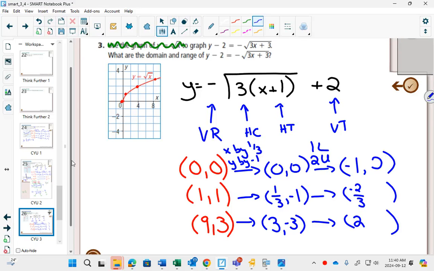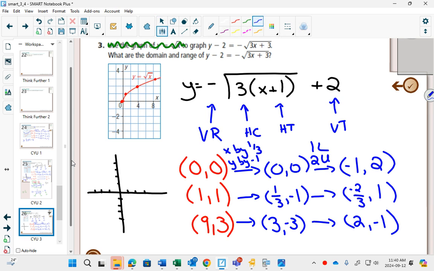2 up, this will be 2, this will be positive 1, and this will be negative 1. And you'll see for the most part, I'm going to graph things separately just to keep things clean. So I'm going to draw a separate graph here, negative 1, comma 2.